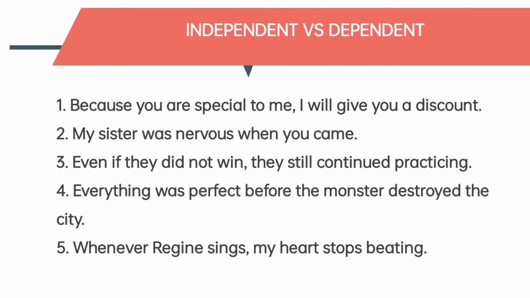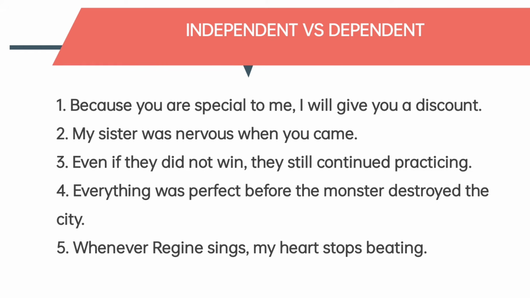Number 3, even if they did not win, they still continued practicing. Dependent clause, even if they did not win. And the independent clause is, they still continued practicing. Number 4, everything was perfect before the monster destroyed the city.